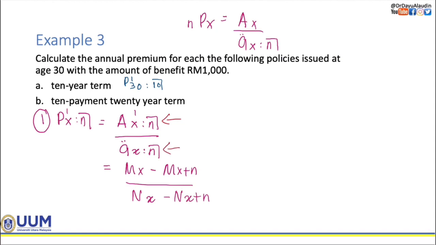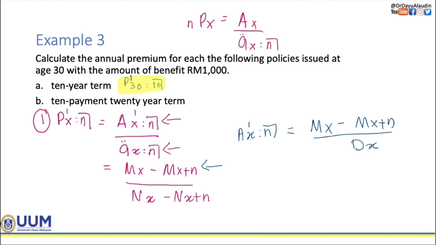The annuity is still the same. And this is how you write the notation for term insurance premium. So we still have 1 on top of x. We use the commutation function for term, where A^1 x:n equals Mx minus M(x+n) over Dx. So we cancel out the Dx and we get this one.